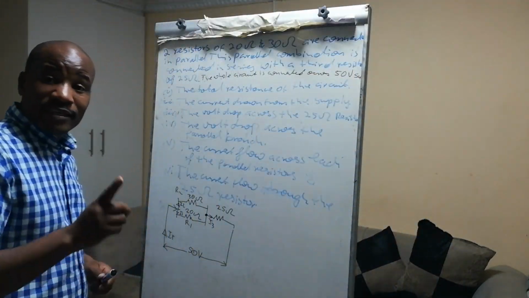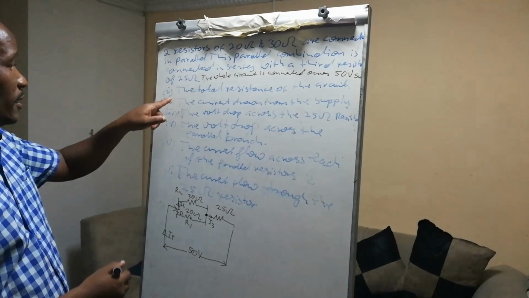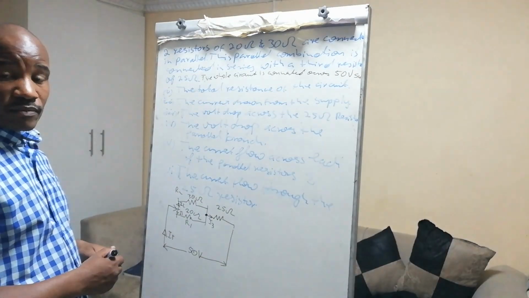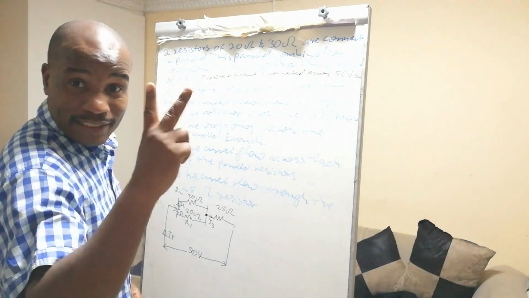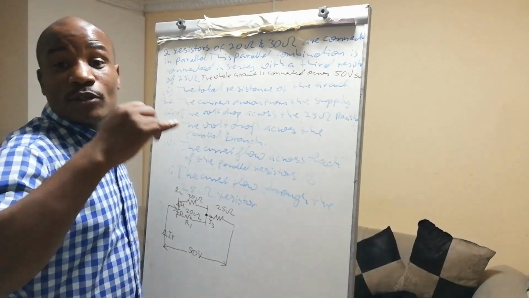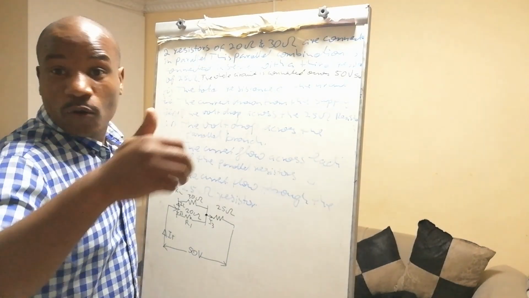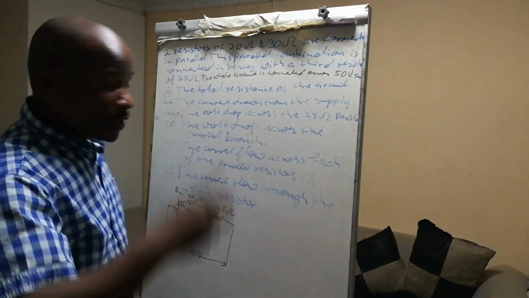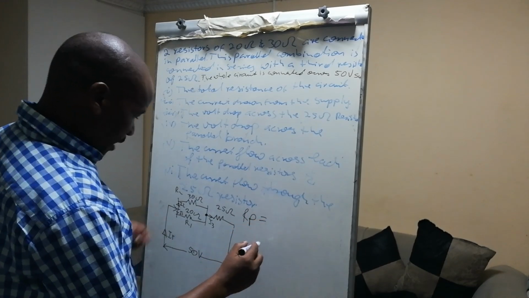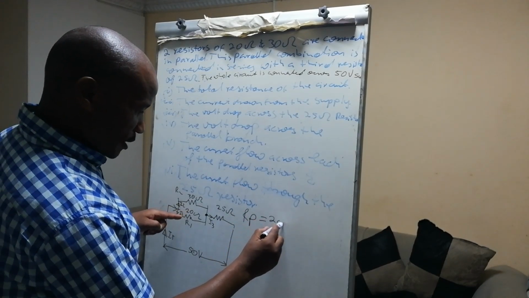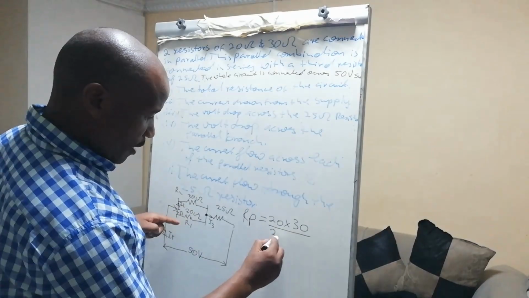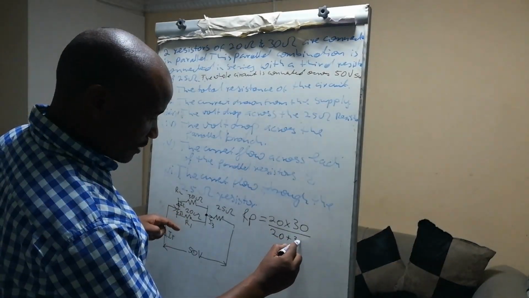The question is to calculate the total resistance of the circuit. For two resistances, not 1, not 3, not 4, not 5, only 2, the formula for calculating the parallel resistance is 20 multiplied by 30 over 20 plus 30.